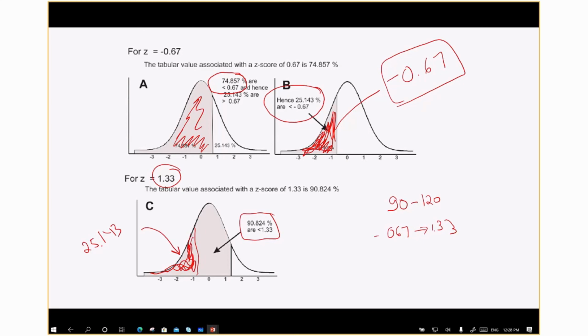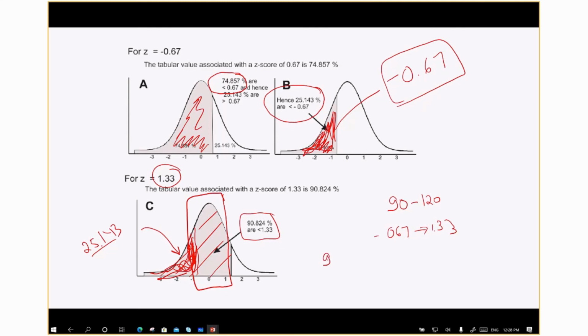So if we know that 90% is in this whole area and 25% is in this area here, then it's easy to determine the percentage of individuals lying in this area through a simple process of subtraction.